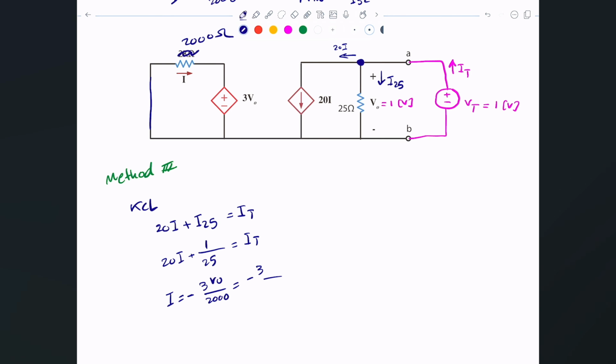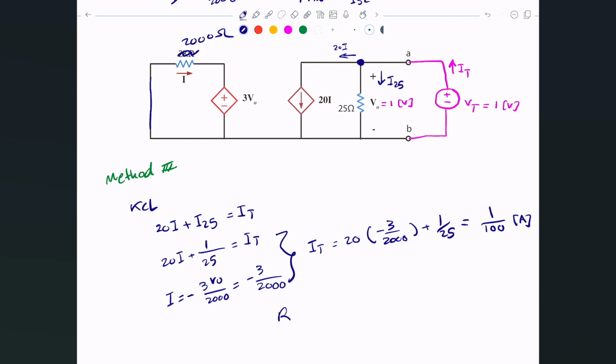So that will be negative 3 divided by 2000. Okay, so I can combine these, and that tells me the I of t is simply 20 times negative 3 divided by 2000. That's the value of I, plus 1 divided by 25, and that will be 1 over 100. All right, and that's of course in amps because we're dealing with volts and ohms.